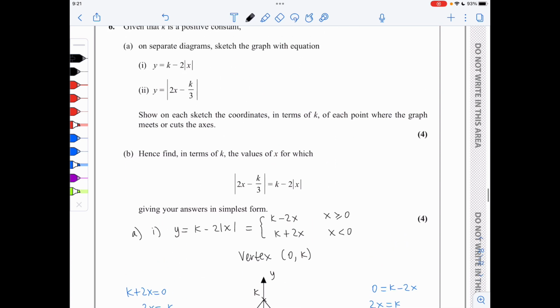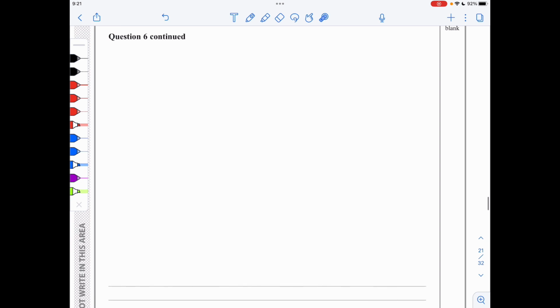Now the second graph is the modulus of (2x minus k) over 3. I will follow a similar approach. We've got y is the modulus of (2x minus k) over 3, which can be split as (2x minus k) over 3 if (2x minus k) over 3 is greater than or equal to 0, or minus (2x minus k) over 3 if (2x minus k) over 3 is less than 0.